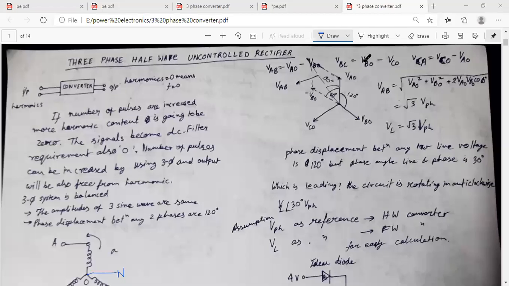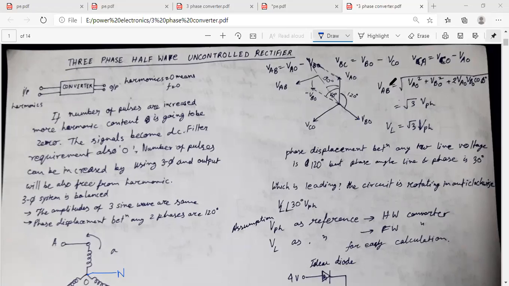So the phase displacement is 30 degrees between line and phase voltages. So VAB is equal to VAO minus VBO. Similarly, VBC equals VBO minus VCO. VCA is VCO minus VAO.